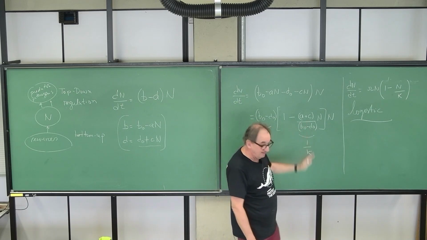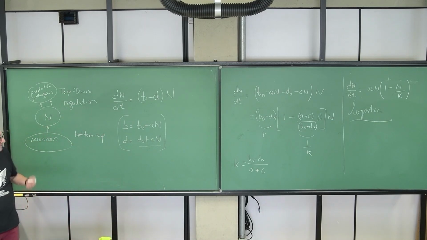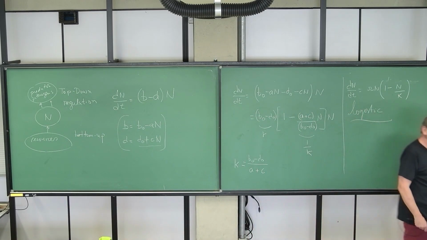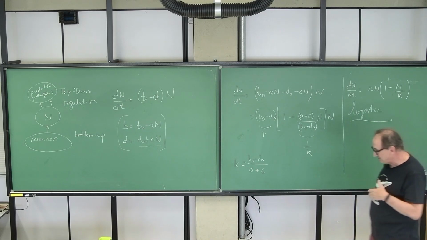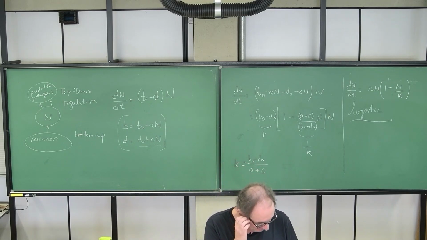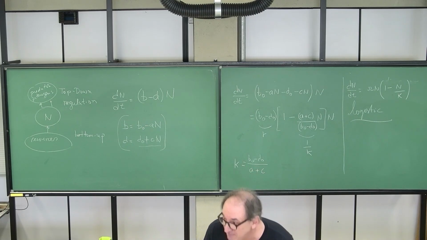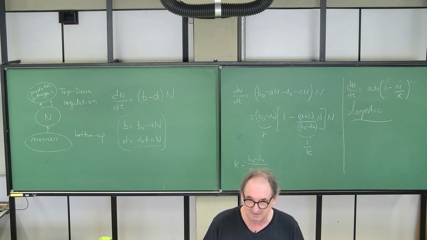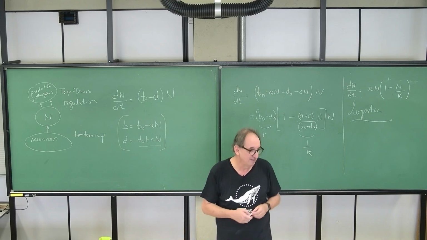Okay, so now we have a logistic equation, and you could be interested in knowing what it means, logistic. It's a word that has just been invented by the guy that wrote it. The guy is called Verhulst, a Belgian mathematician and physicist, but he worked in Paris at the École Polytechnique, which was very important in the 19th century.